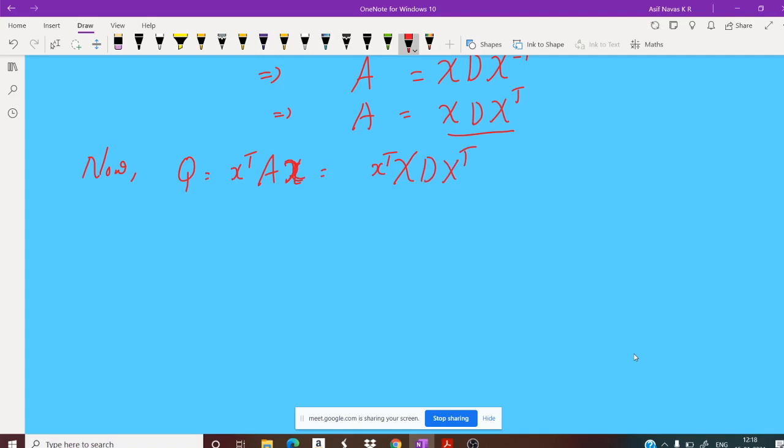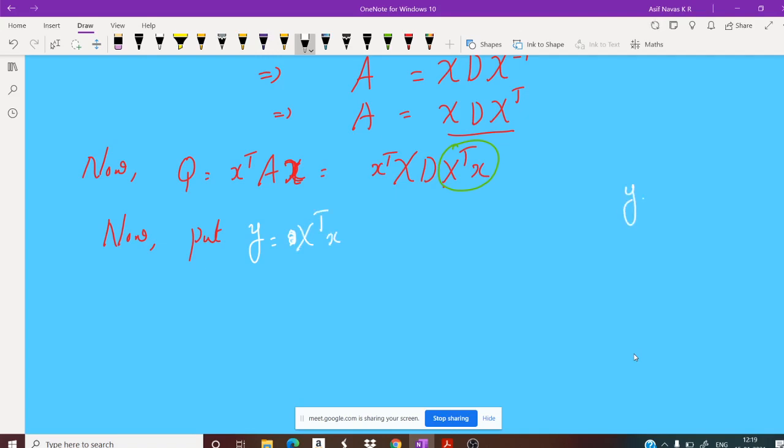Now, substitute y equal to capital X transpose small x.